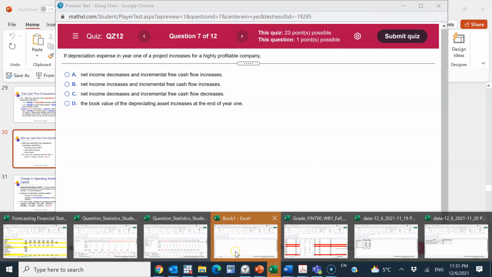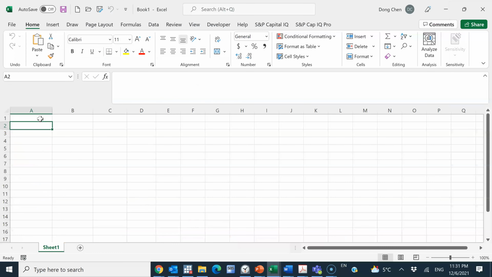And to understand that, let's first list the items on a typical income statement.